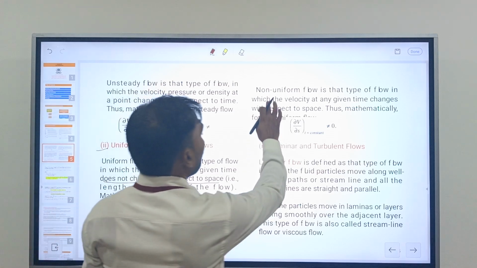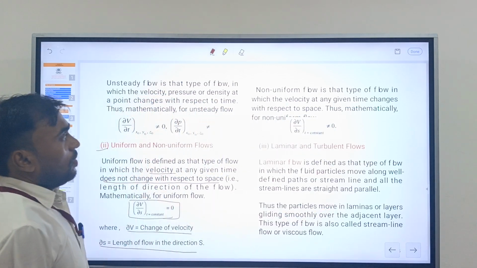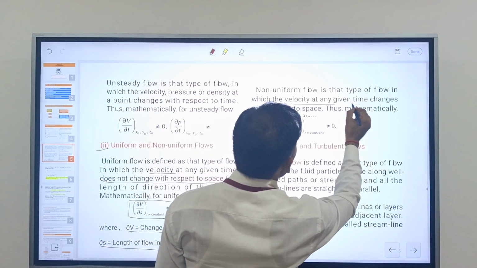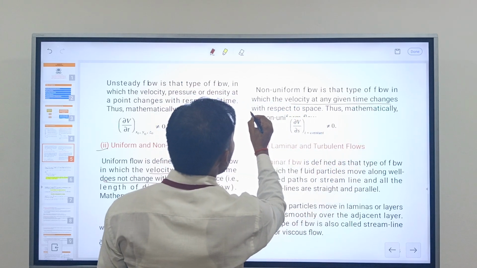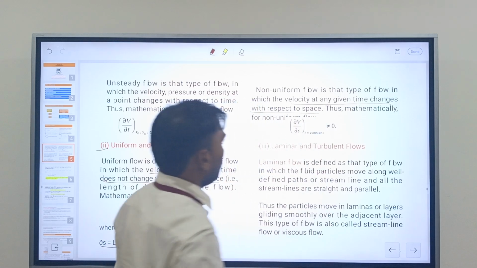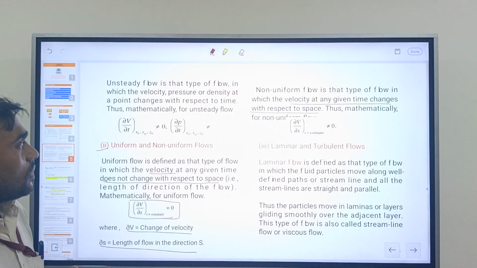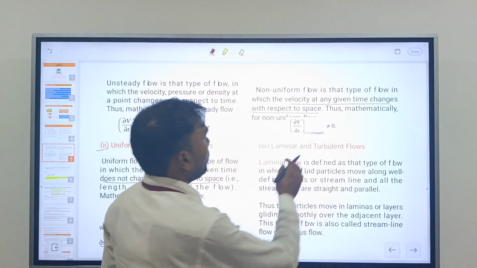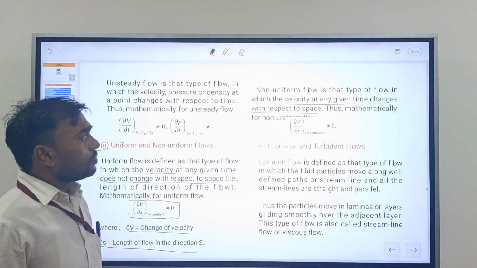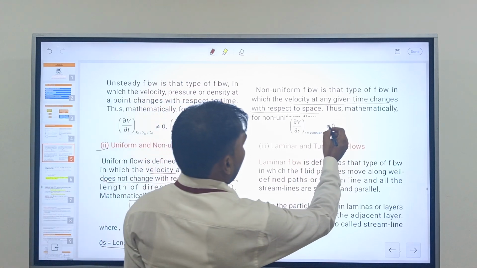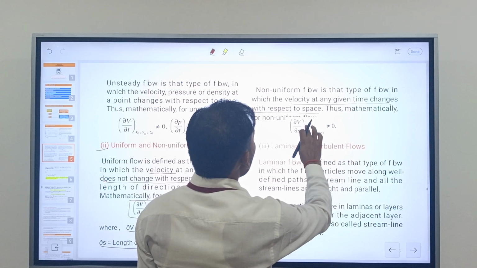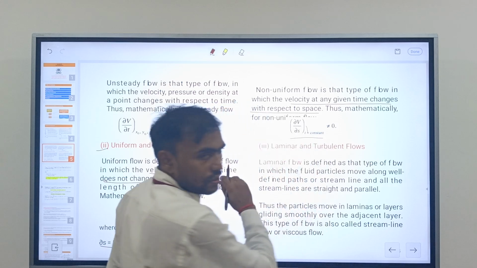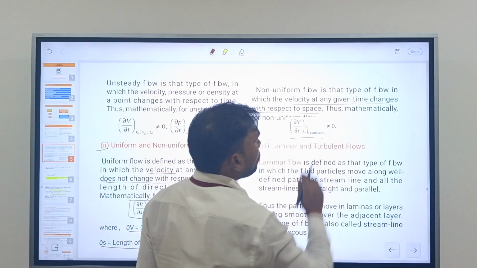Similarly, non-uniform fluid flow is that type of fluid flow in which the velocity at any given time changes with respect to space. So if any parameter changes with respect to space at any given time, then it will not be equal to 0. Mathematically, we can represent it as del V by del S at time t equal to constant will not be equal to 0.